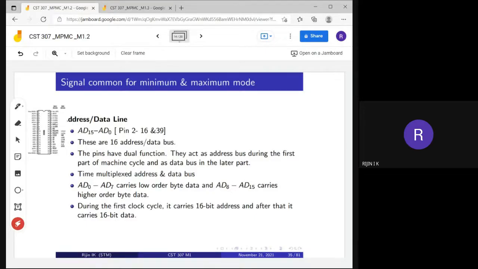That is why we call it a time multiplexed address and data bus.